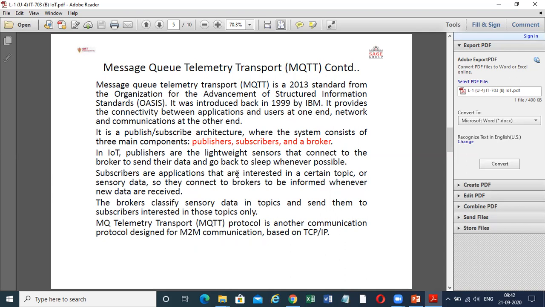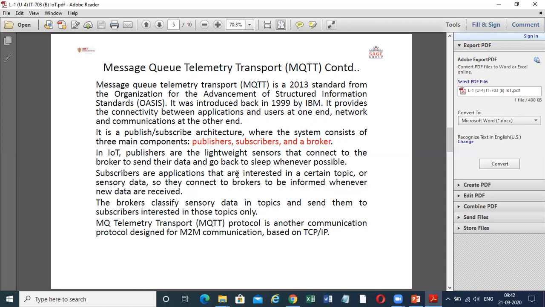It is a publish subscribe architecture, MQTT, where the system consists of three main components: first, publisher; second, subscriber; and broker. Publisher, subscriber, and broker.